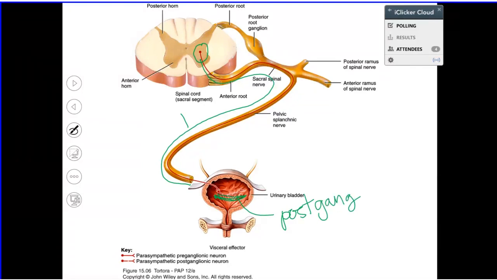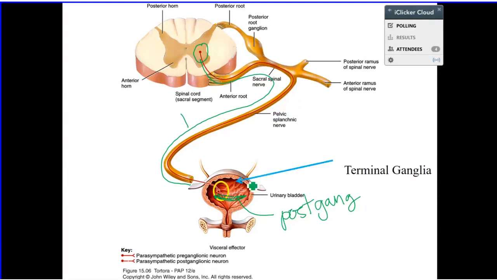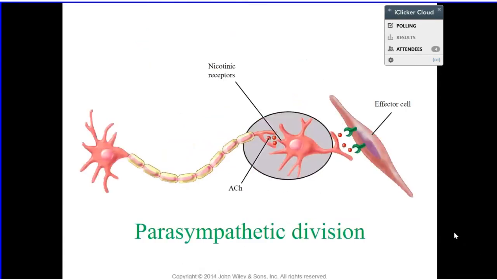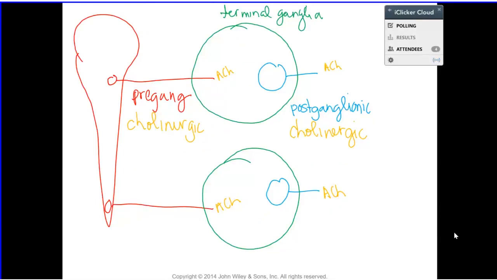Where the neurons meet is where the ganglion forms. Notice that these two neurons are meeting in the bladder. So it's basically at the end of the pathway. What's the name of the ganglion at the end of the pathway? The terminal ganglia in this particular case is at the end of the pathway. So that's where they get their names. If you understand the naming, it helps you remember where it's located.